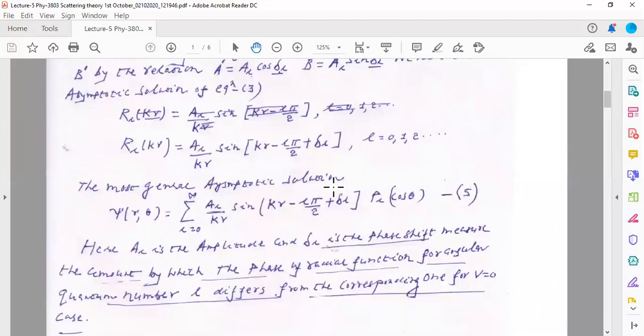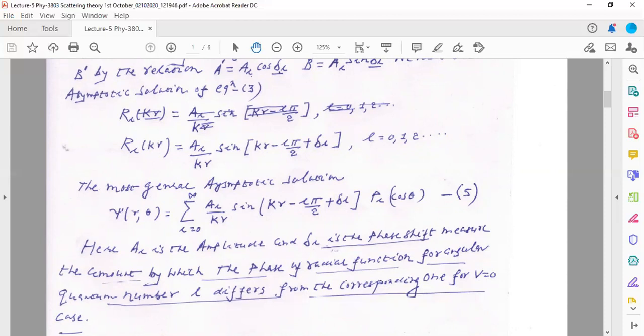You see that this AL is the amplitude of the wave, and delta L, which I wrote here, is the phase shift. It measures the amount by which the phase of the radial function for angular quantum number L differs from the corresponding case for v equal to 0.